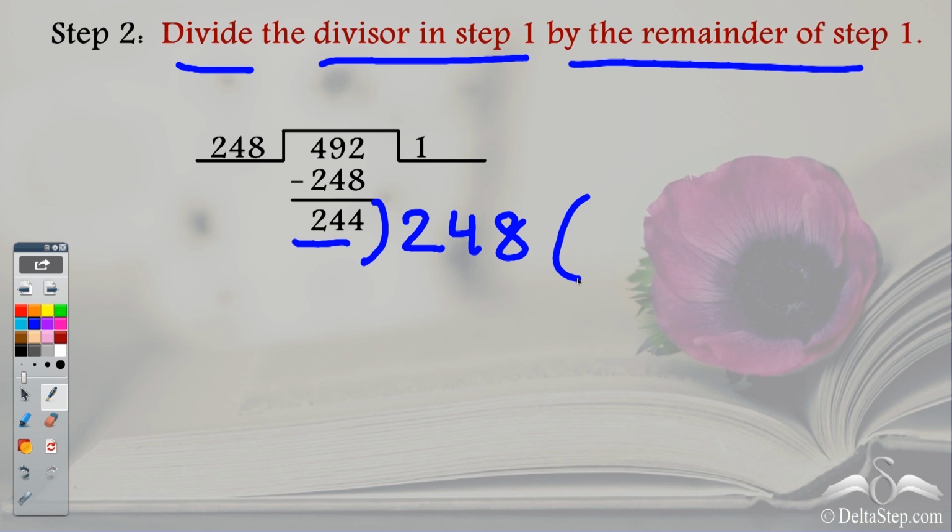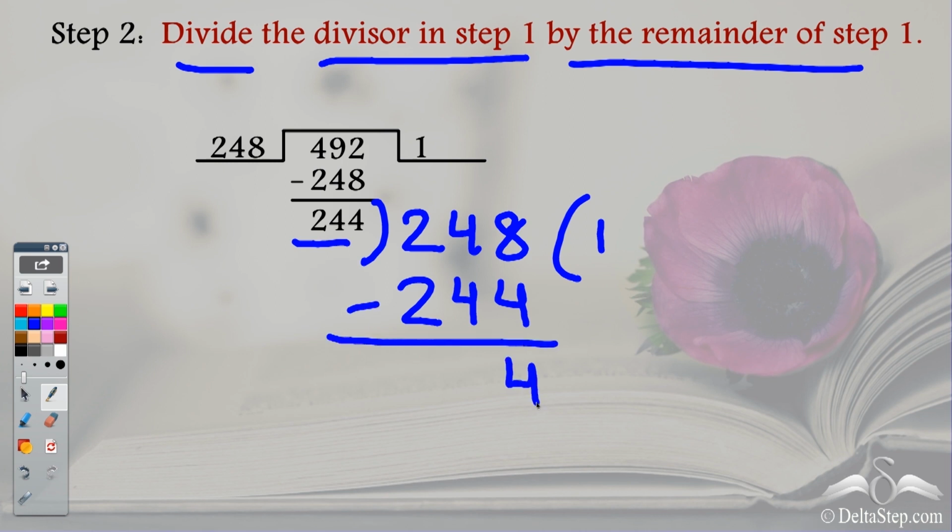The previous dividend, we don't have to do anything with that. The remainder will now become the divisor. And what will be divided? The divisor of the previous step, that is 248, will now be divided by the remainder. So 244 into 1 is 244 and I subtract it to get the remainder 4.